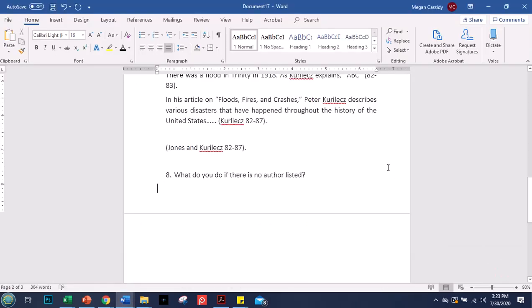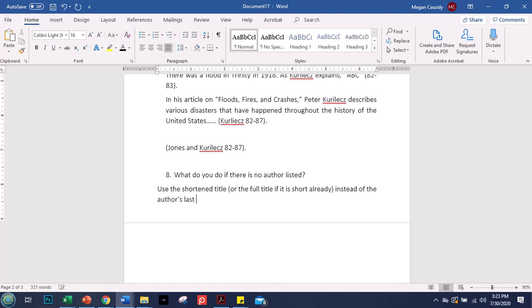It's not that long of a title, but typically what you do is you will use the shortened title, or the full title if it's short already, instead of the author's last name.